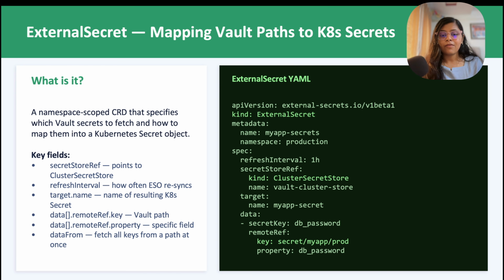Then we have got data. Within data, we define the secret key. The name of my secret that I want to store is DB password. And then what is the remote reference of it? That I define inside remote ref with key as the path. So this is the path to my key which is stored inside of the vault.